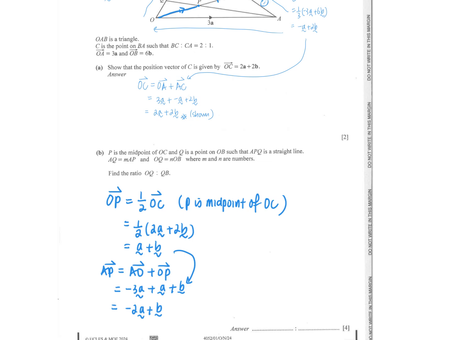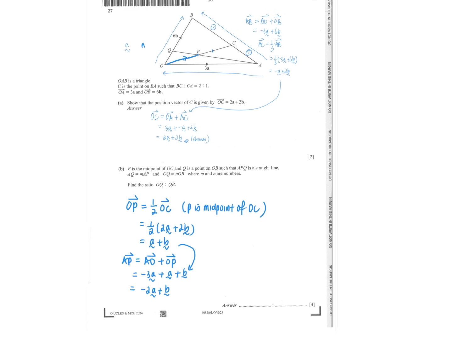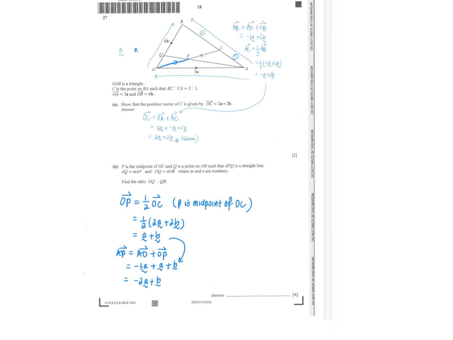Okay, we also need to know what AQ is. So how can we find AQ? AQ is moving from A to B and then B to Q. But we don't have BQ, right? They never tell us the ratio, so I can't find it this way. Is there another way to find AQ? Let me see. I need to find AQ.